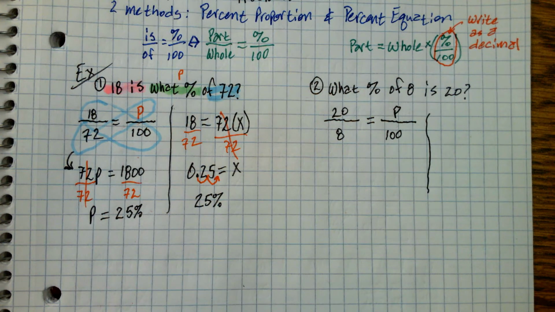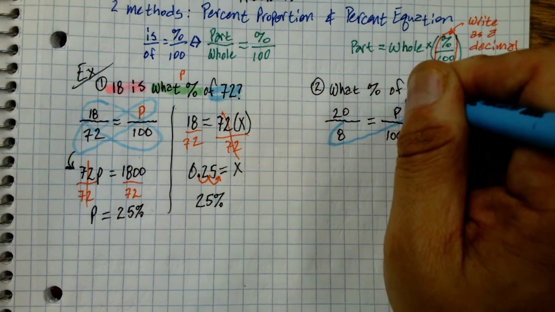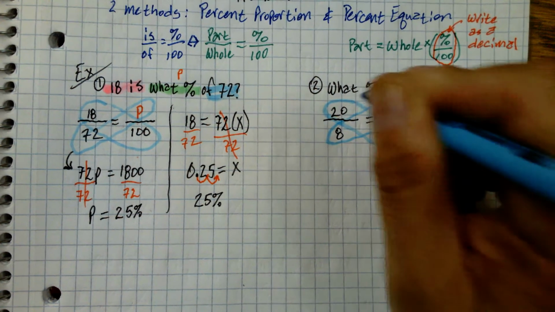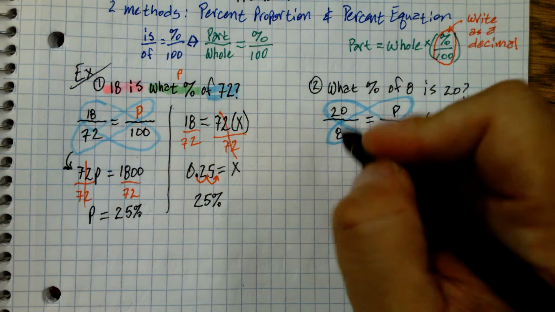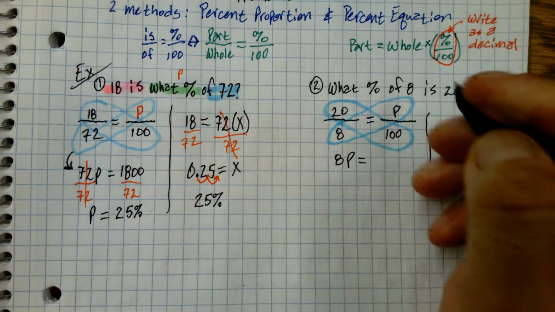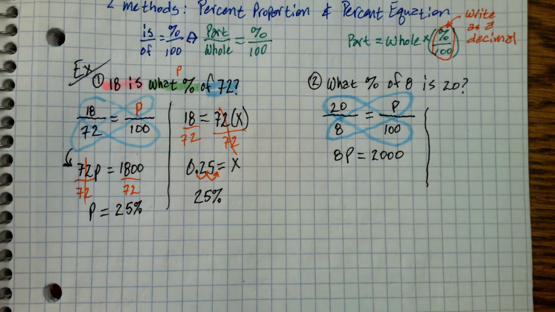So 20 over 8 equals P over 100. We will cross multiply. I love the name. Well, it's not a mathematical name, but have you heard this called the butterfly? I love that in math we use something called the butterfly. 8P equals 2,000.